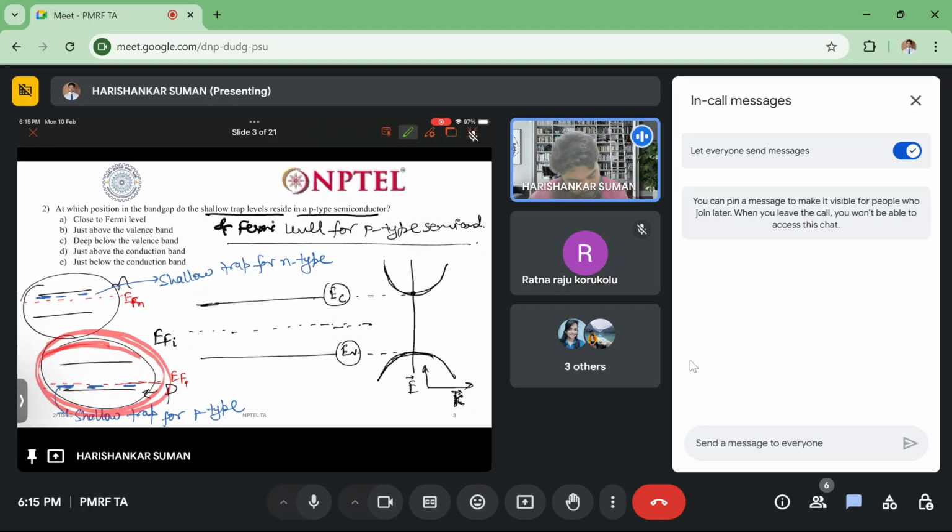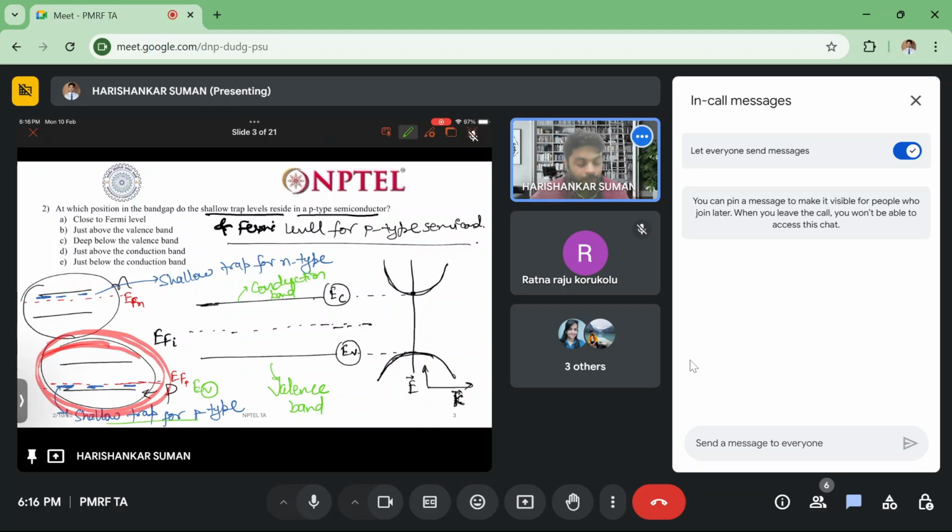So you can see the trap near the valence band. This is the valence band. This is the conduction band.